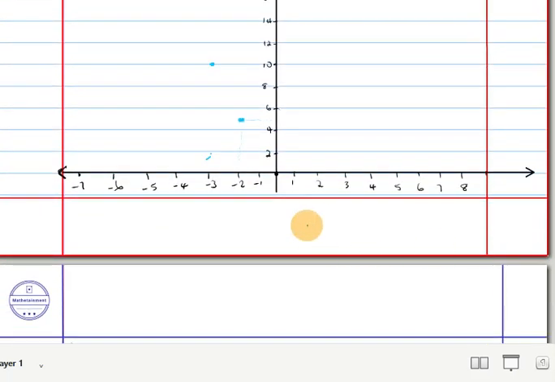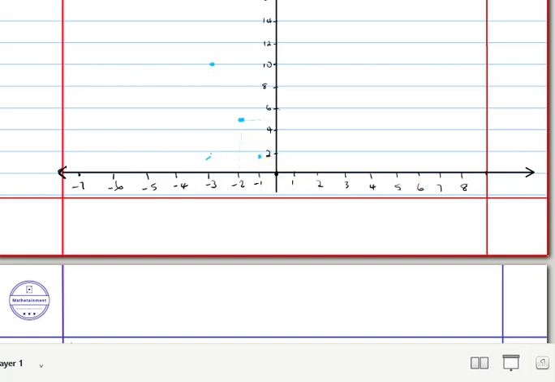Where's -1? -1 is here and 2 is here. Please make sure that the input is the right one and the output is the right one. So it should be here. Yeah, that's where it is.